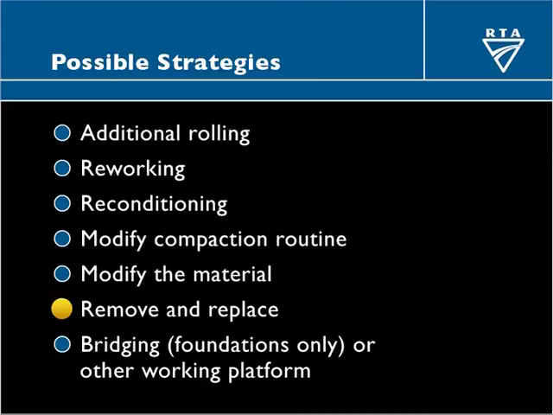And if all else fails, we can try bridging it or some other form of working platform, say by chemical stabilisation, which drastically increases its strength to the point where you can get away with not having it compacted. Generally only works fairly well down in the formation. It's not a good idea near the pavement unless you've got no choice.